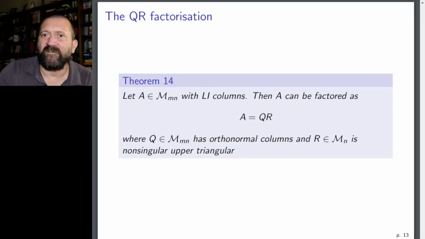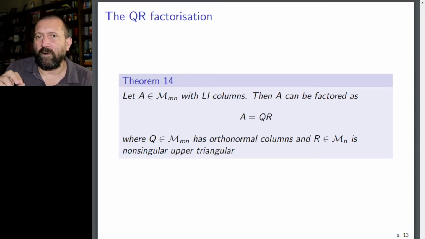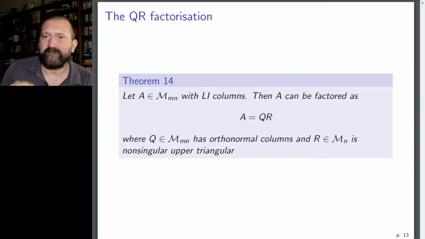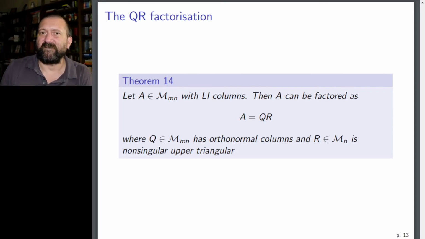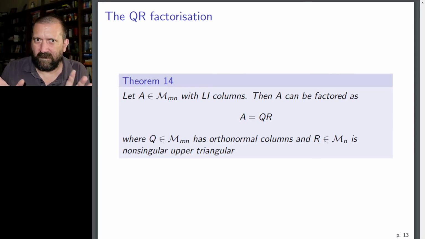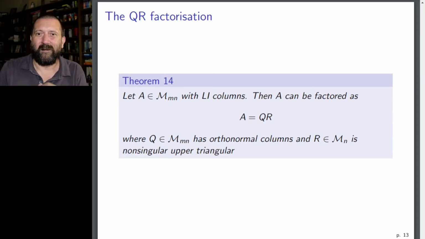One has the same size as the original matrix, m by n, and has orthonormal columns. The second matrix, R, is a square matrix that has as many rows and columns as the original matrix A has columns. That matrix is non-singular, which I'll remind you means exactly the same thing as invertible, and it's upper triangular.